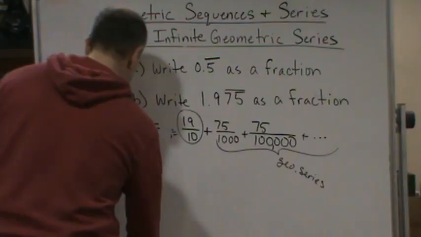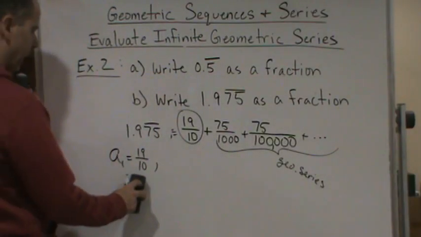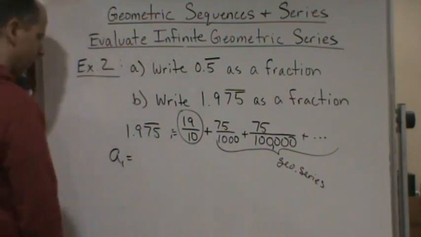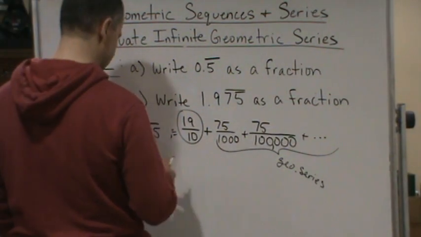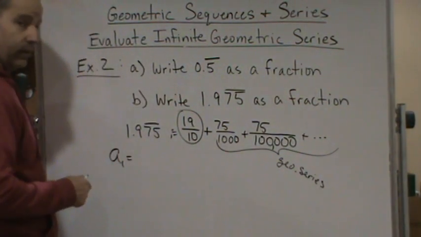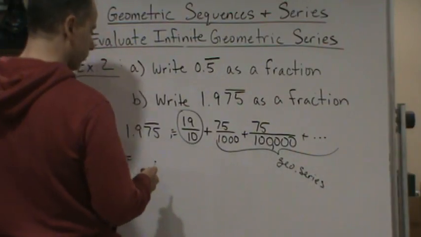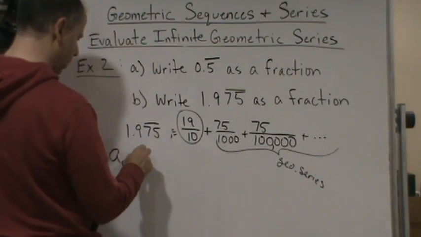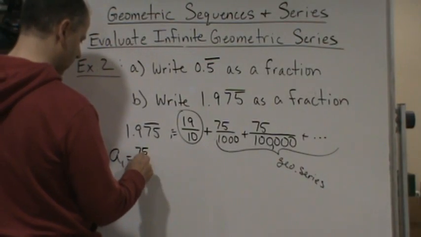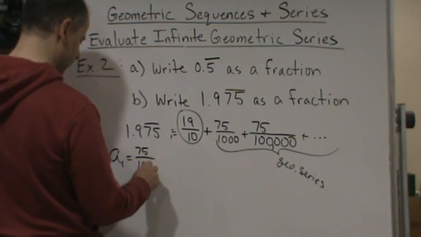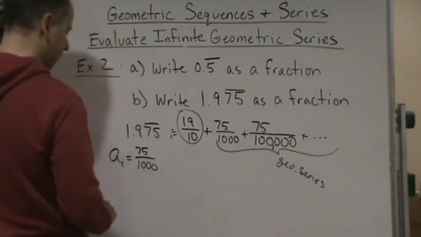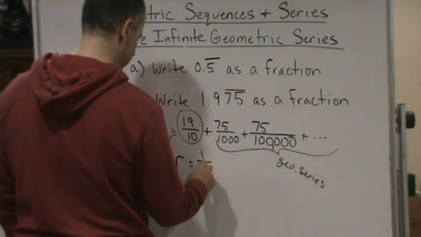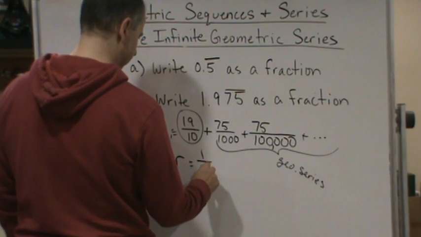Okay? So in this case here, we would not use A1 as 19 over 10. That would be problematic because it doesn't fit the definition. Right? So in this case here, we're going to use A1 as 75 over 1,000. And the common ratio is 1 over 100.